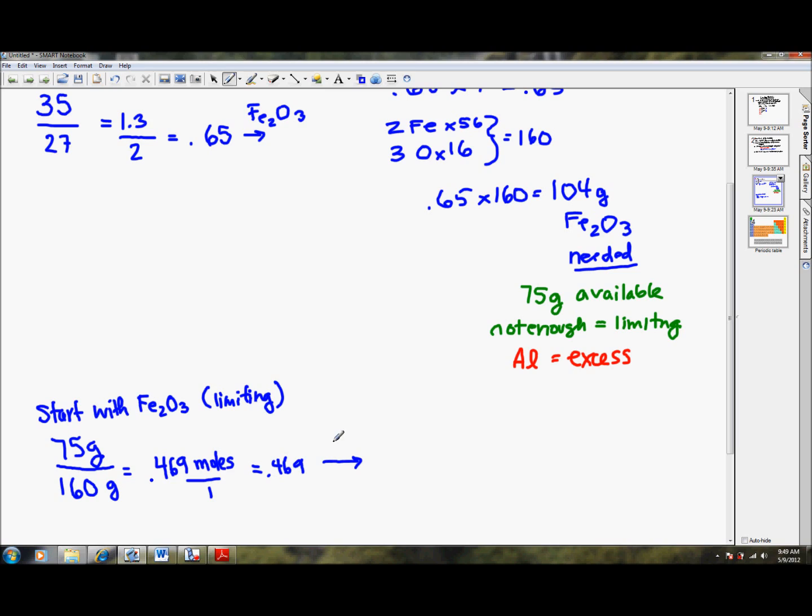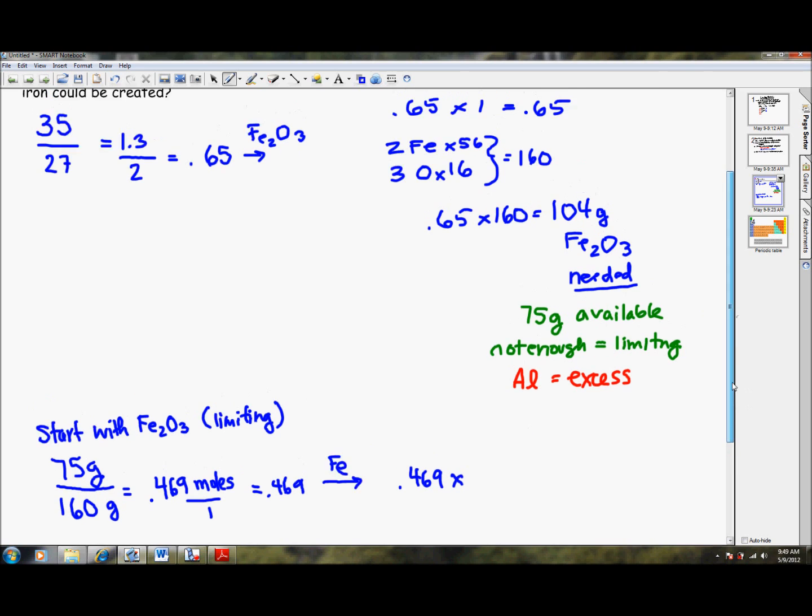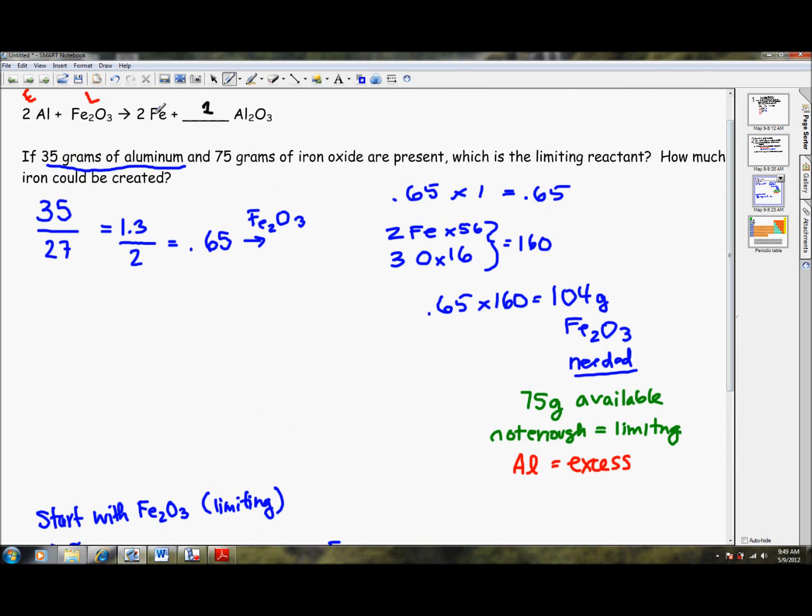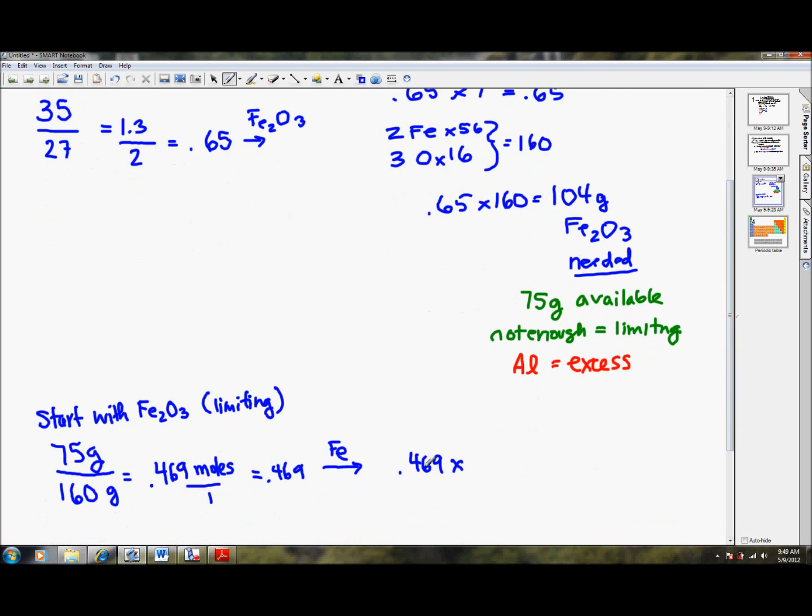Now I'm going to do the U part, which is I'm going to go to Fe. So the 0.469 times, there's a 2 in front of the Fe, is 0.938.